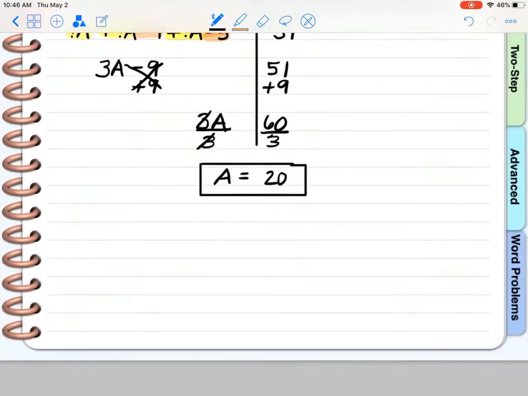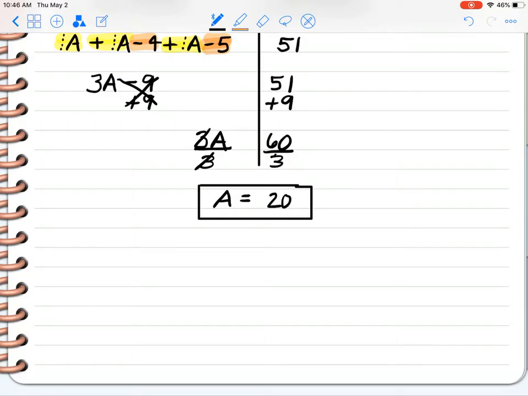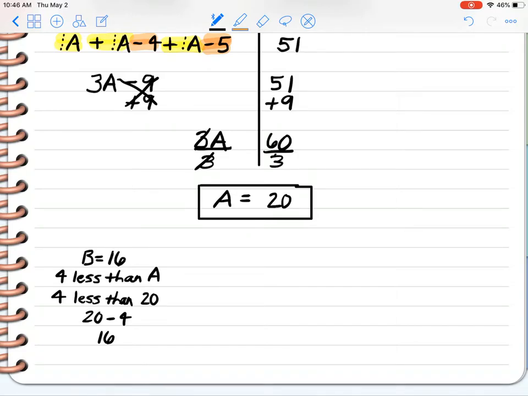Well, we know A, so we have to do a little work to find B. Now B, they told me, was 4 less than A. So substitute your 20 there. So we're saying 4 less than 20. That's 20 subtract 4. And so B has $16. B is $16.